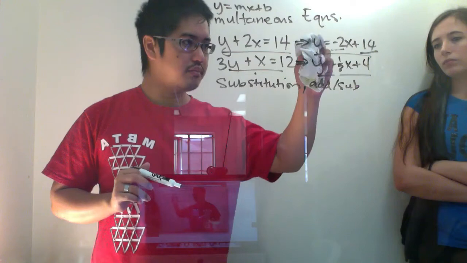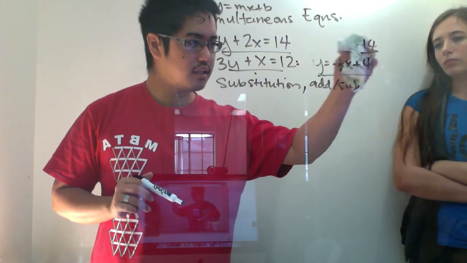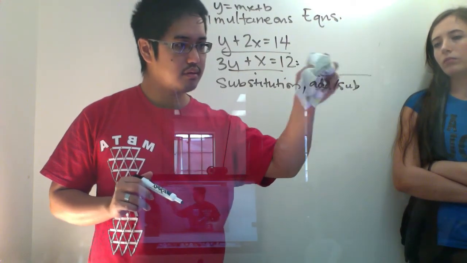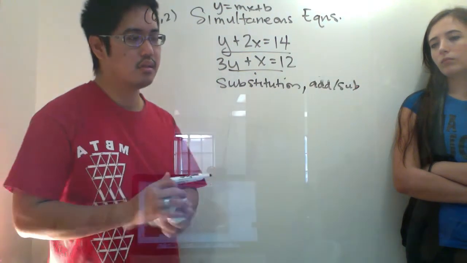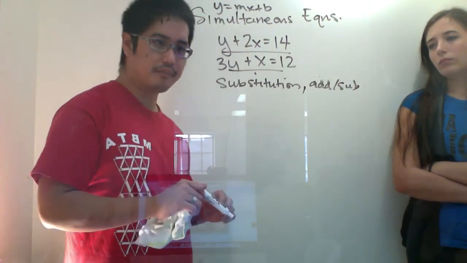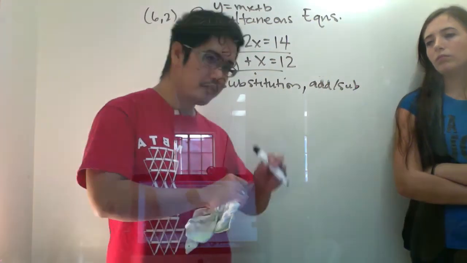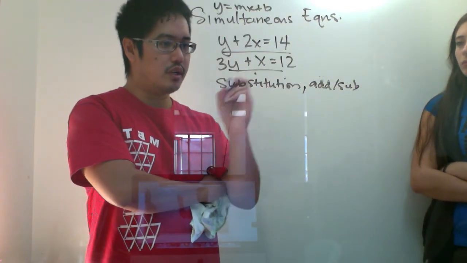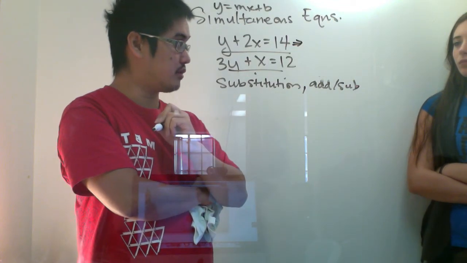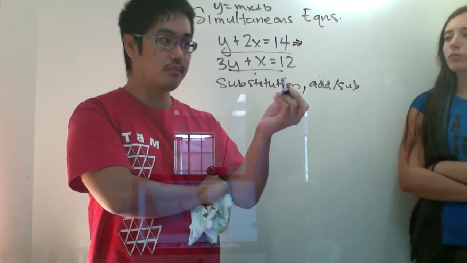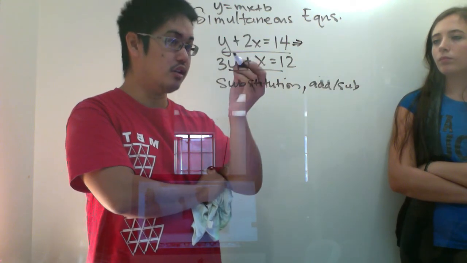For the substitution method, why don't I just start with a clean slate here? This is the original problem. Now what I'm going to do is quickly solve the first problem and figure out what y is equal to. Can you get y all by itself?